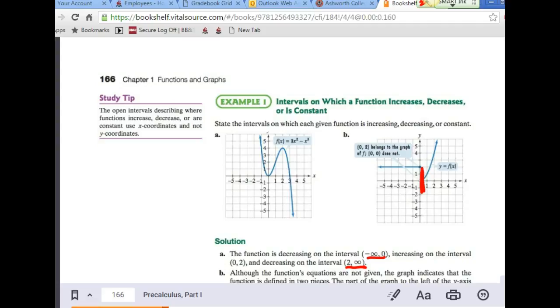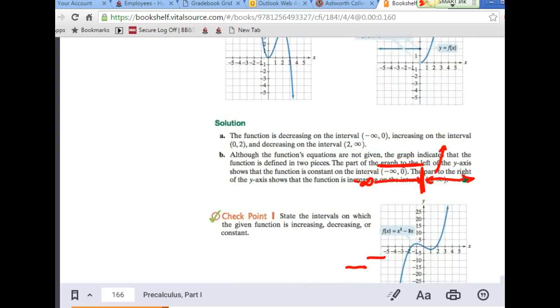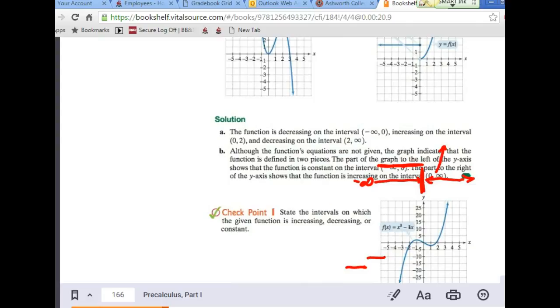So, from negative infinity again, all the way up to 0, what is the graph doing? It's just a flat line. That's considered being a constant. And then once it reaches past this line, this piece of the interval, the graph is going up, or what we call increasing.